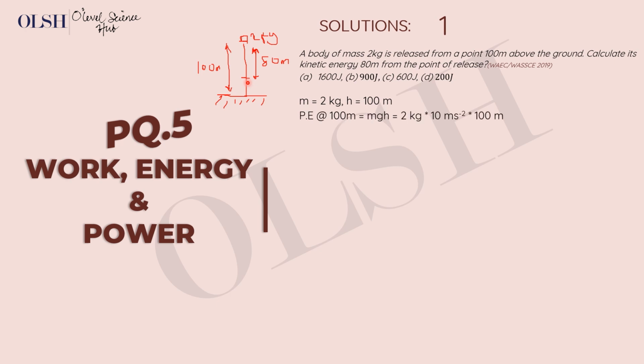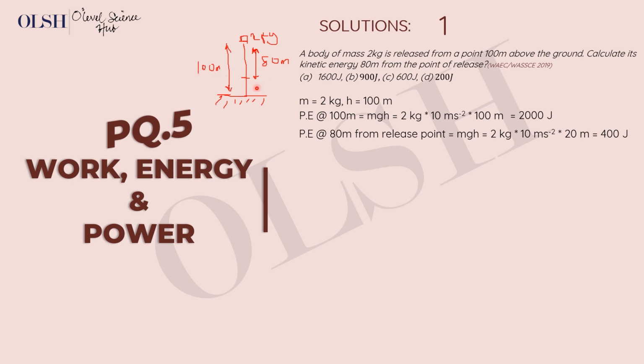So we have potential energy at 100 meters, that's at this point, is mass times gravity times height, which is 2 kg times 10 meters per second squared for gravity and 100 meters for height. If we simplify that, we're going to get 2000 joules. Now let's find potential energy at 80 meters from release point. If we'll find the potential energy here, it means we have to find the height of this place from the ground, which is 100 minus 80, which is 20 meters.